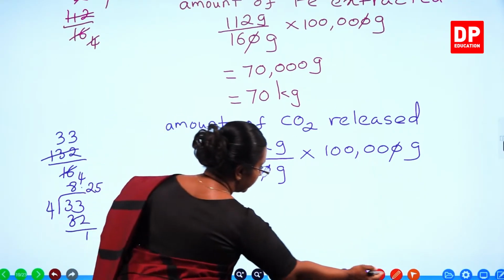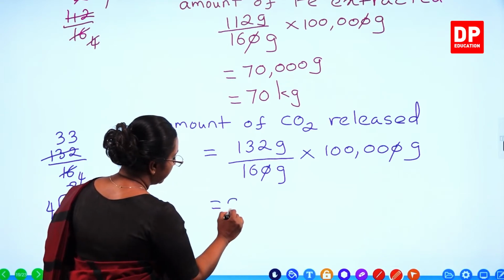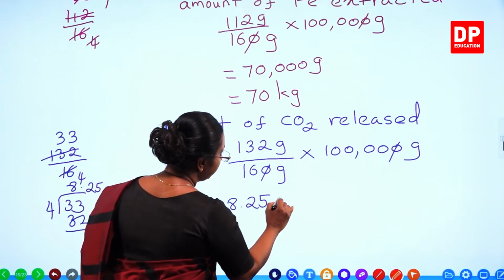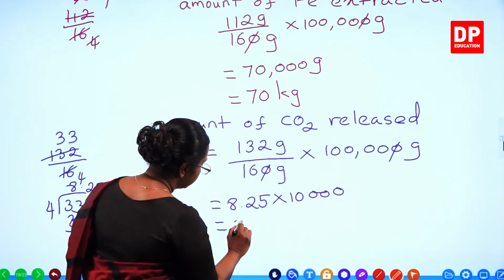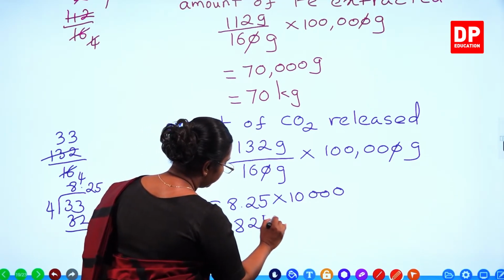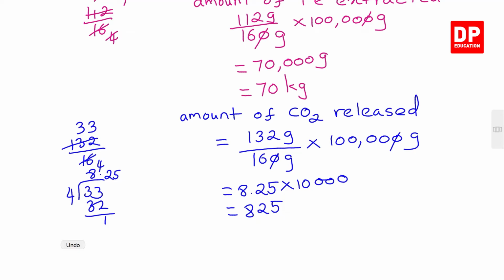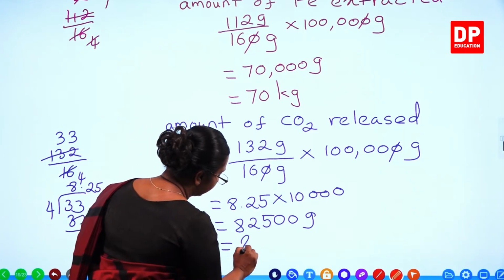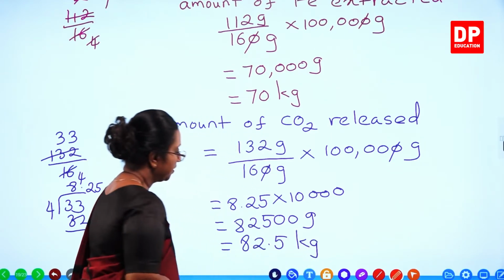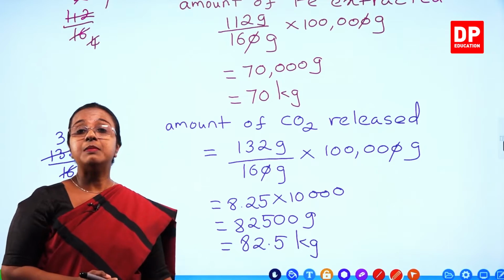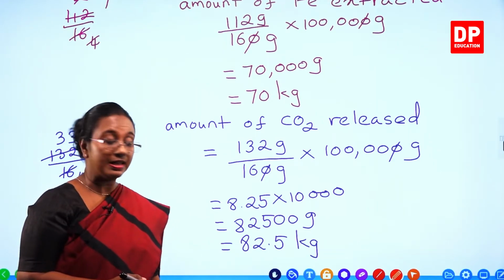So the value is going to be 8.25 into 10,000, that is 825. So 825, that is 82,500 grams, or else we will get 82.5 kilograms. So those are the amounts of substances that we will get.